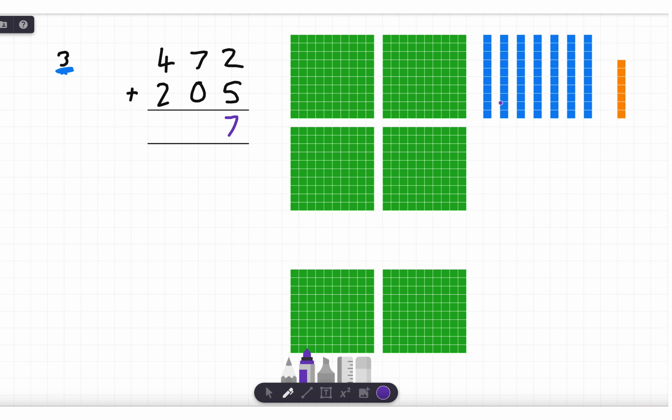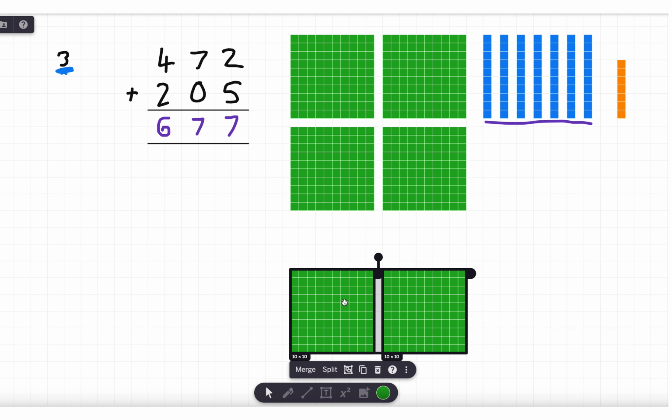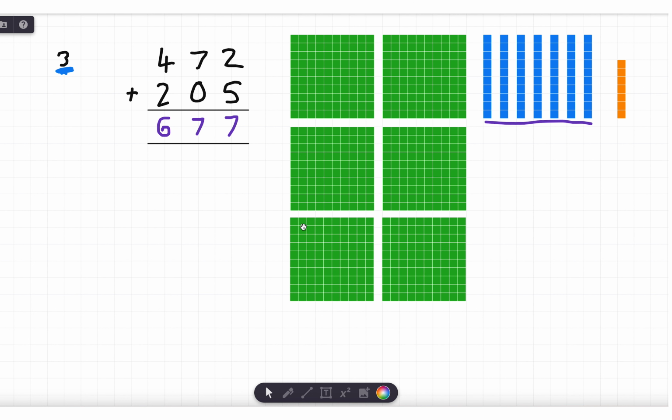In the tens column, we have 7 tens here added to 0 tens, 7 add 0 is 7. And in the hundreds column, we have 4 hundreds plus 2 hundreds, and that gives us 6 hundreds. And our total is 677. And there it is, 600, 7 tens, 70, and 7 units.